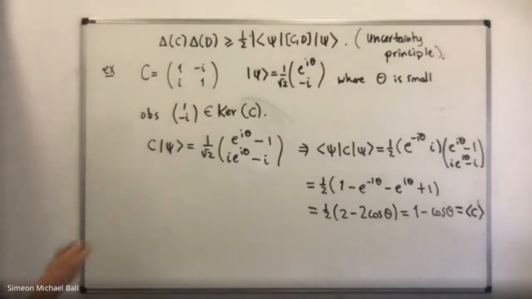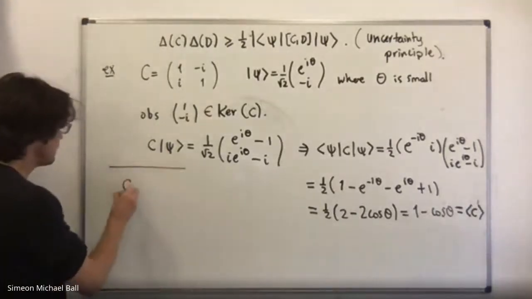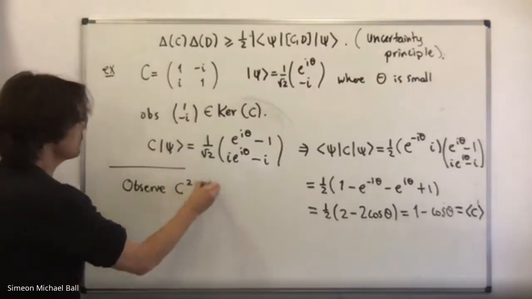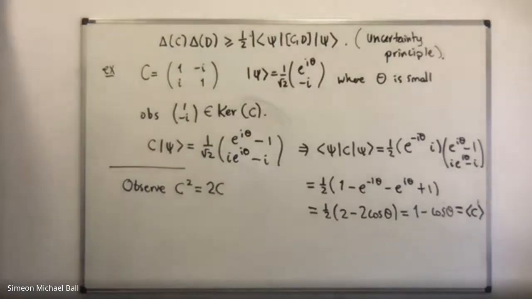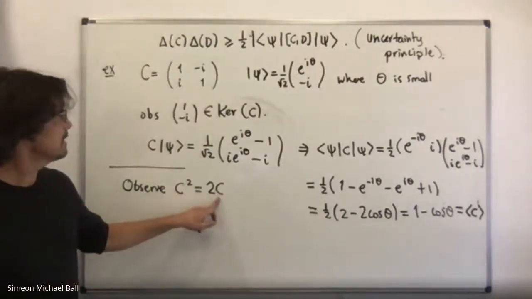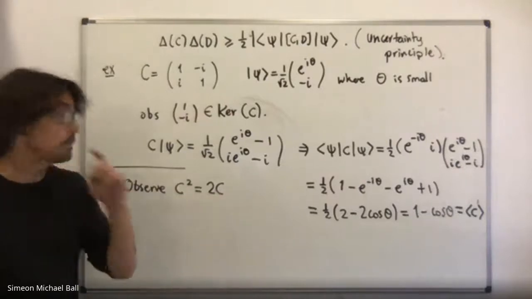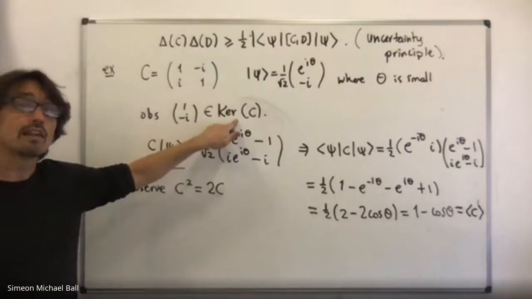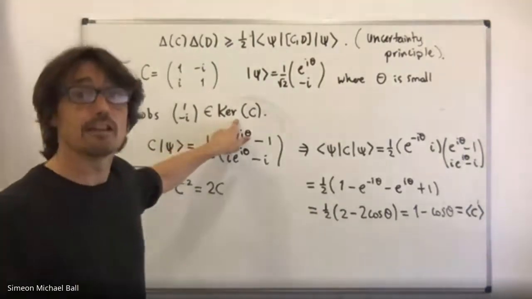To do that, we don't actually have to do very much, because observe C squared is equal to 2 times C. The easiest way to see that is that we've already established that there's something in the kernel of C, so we know that 0 is an eigenvalue.